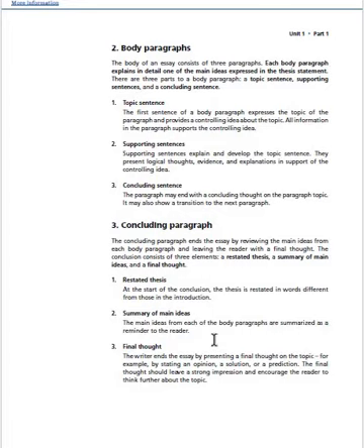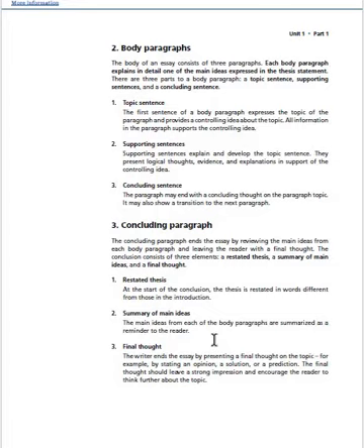Then you can end the concluding paragraph by putting the solution to that problem, or a prediction. If you don't have a solution, you can predict something for it. The final thought should leave a strong impression and encourage the reader to think further about the topic.